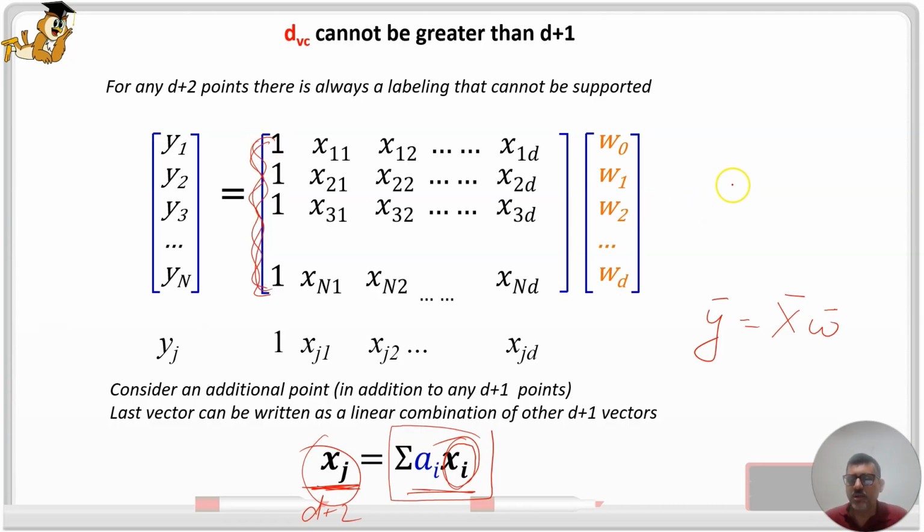You remember, if you had a labeling like this, 3 points in one line and a fourth point over here, for example, if this was blue, this was yellow, this was blue, there was no line that would create that sort of a separation, right? So this is ruled out, and therefore xj can be written as a linear combination of the other d plus 1 vectors.